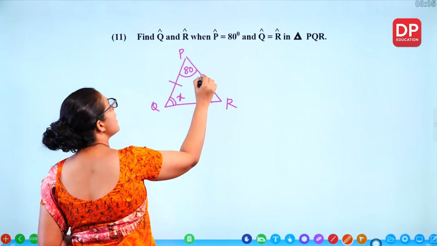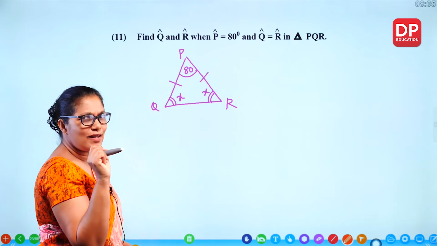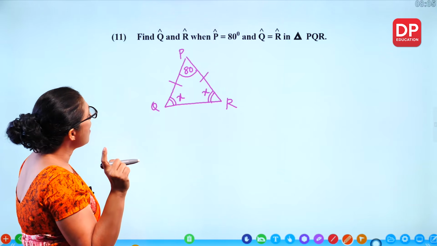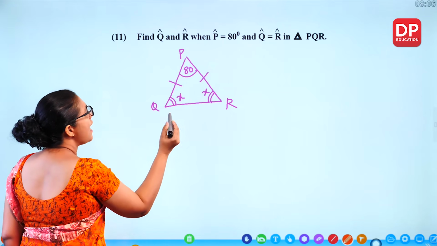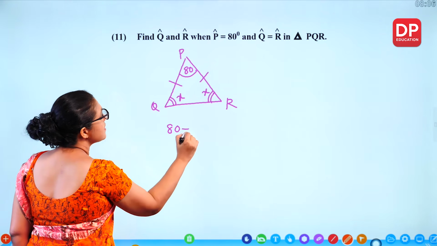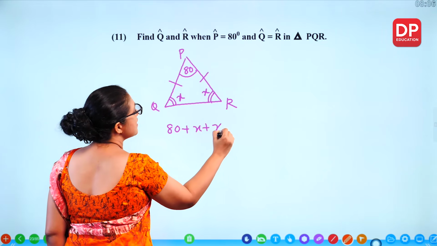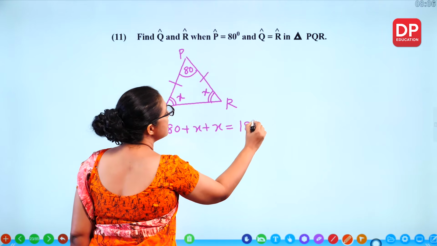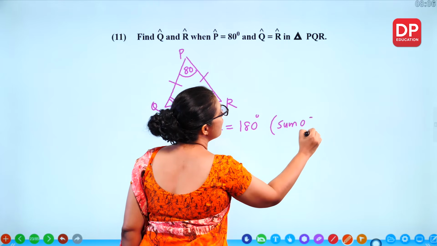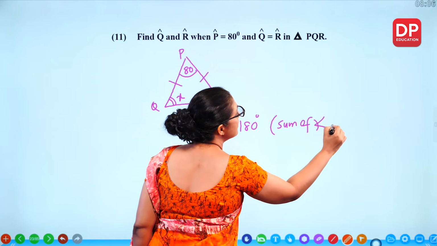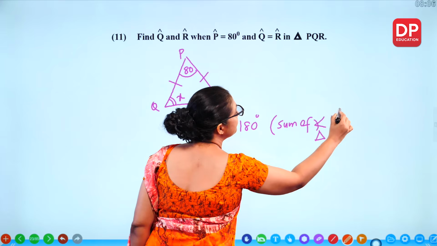And we know that these two lengths are equal for an isosceles triangle. Now we can use the sum of three angles. 80 plus x plus x is 180, the sum of angles in a triangle.